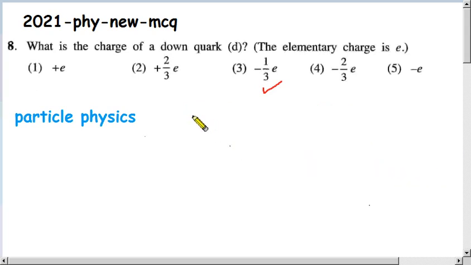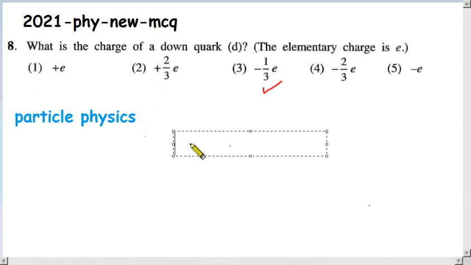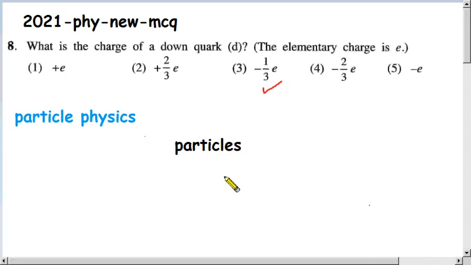So children, let us discuss a little bit about this particle physics, because I took very little time for this question. So what are these particles? Basically these are elementary particles.